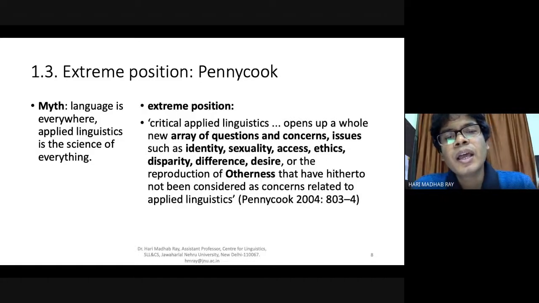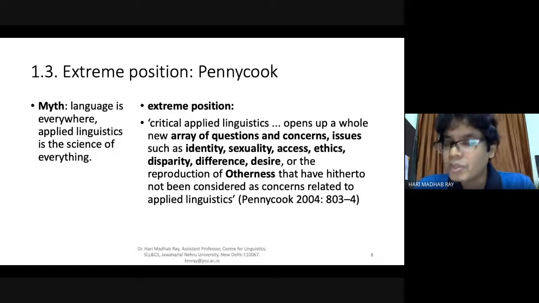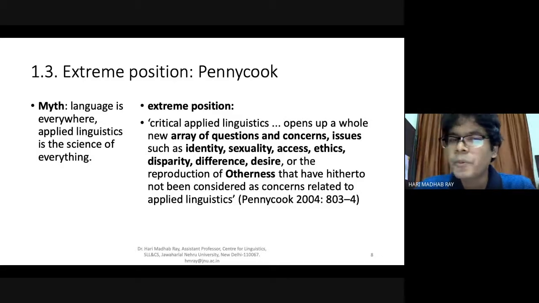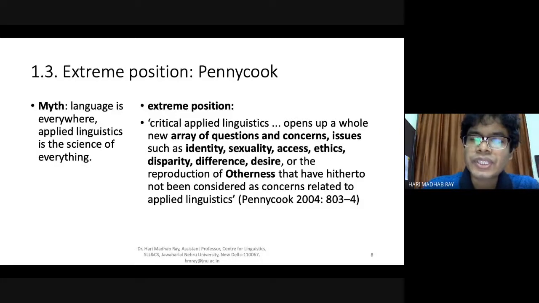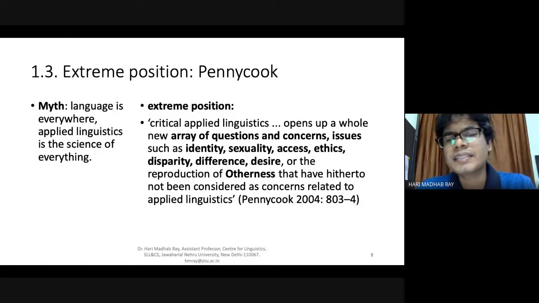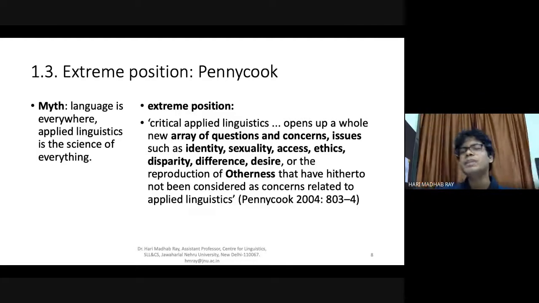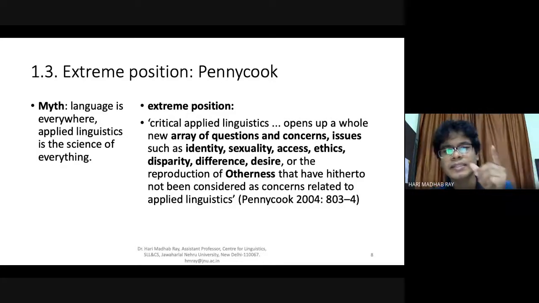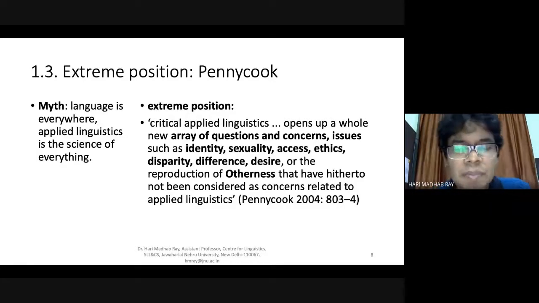But somehow what we have seen, mainly after 2000, is the way applied linguistics has moved, and these are some of the areas if you look into applied linguistics. This is the extreme position, and this is the field also: critical applied linguistics.